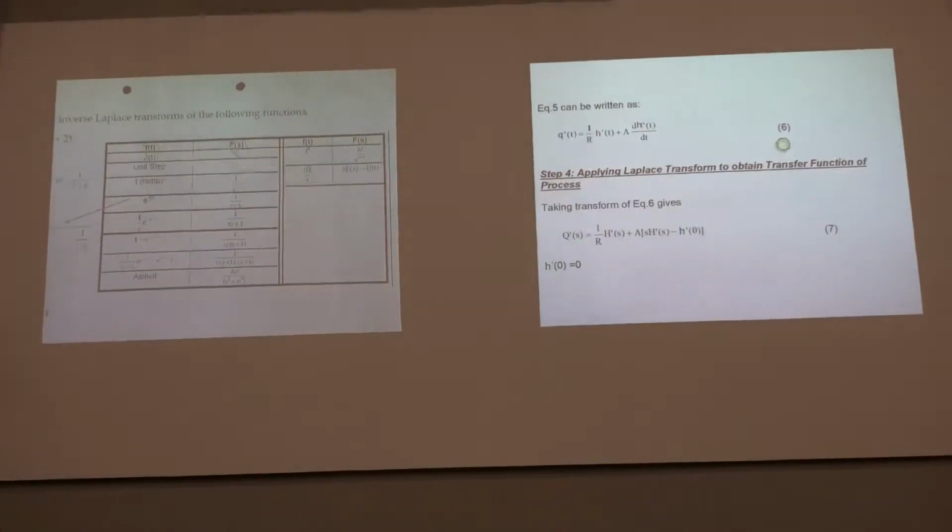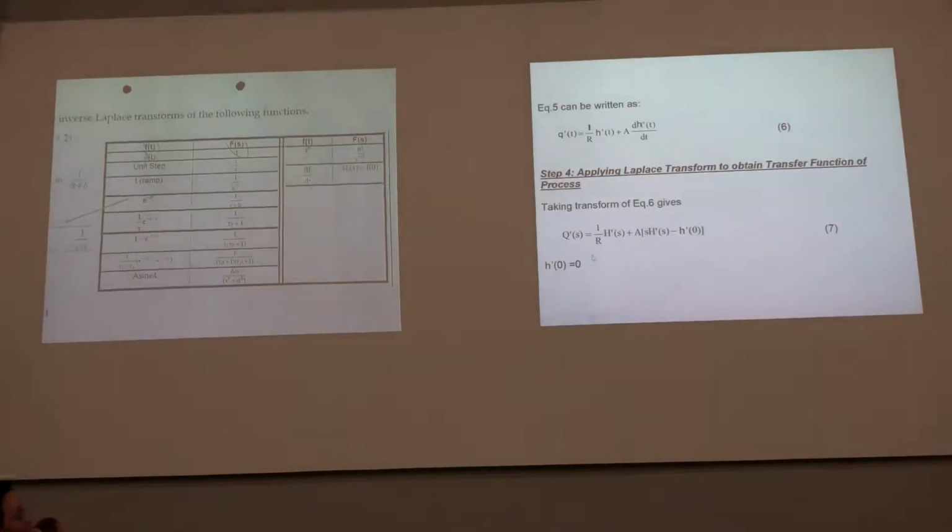So from 6 to 7, you just transform using the table. Remember, 6 is actually a process model I derived from the mass balance compared to steady state. Then I need to solve it. Before I solve it, I transform it. And I know that h prime(0) equals 0. Why?